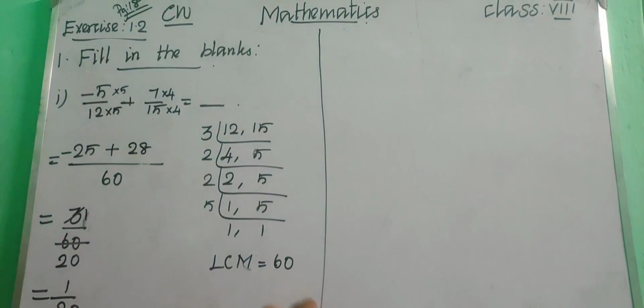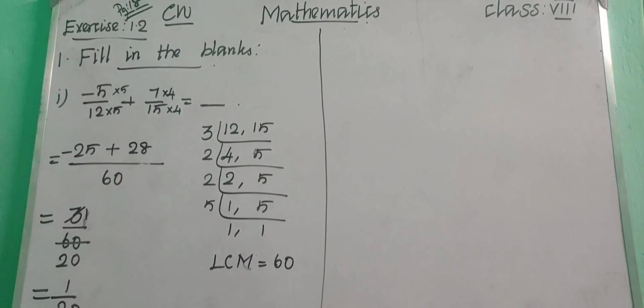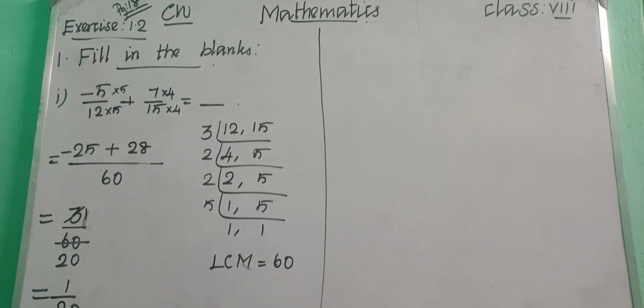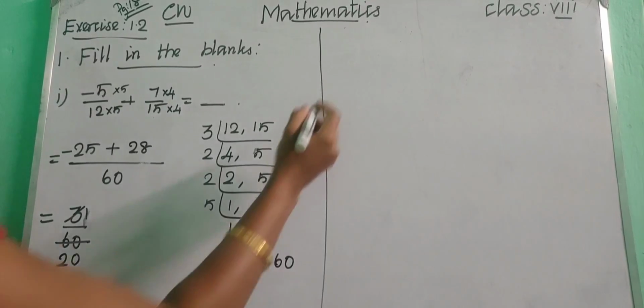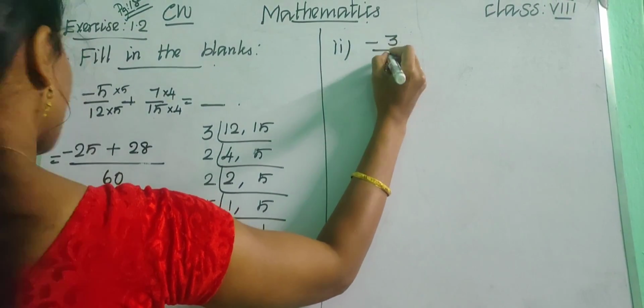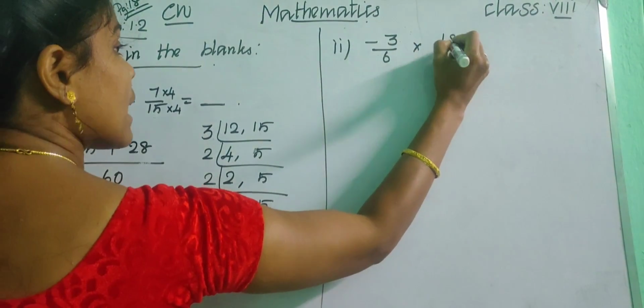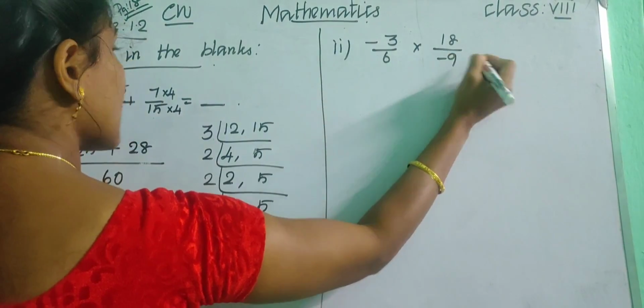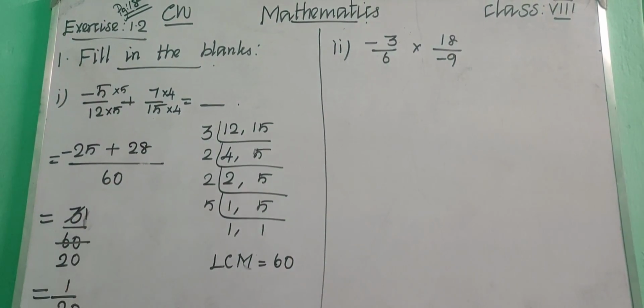So after completing this, write the second fill in the blank question in your notebook. The question is, the value of minus 3 upon 6 into 18 upon minus 9.